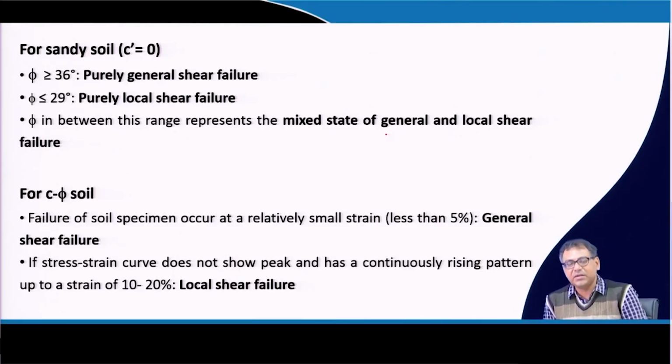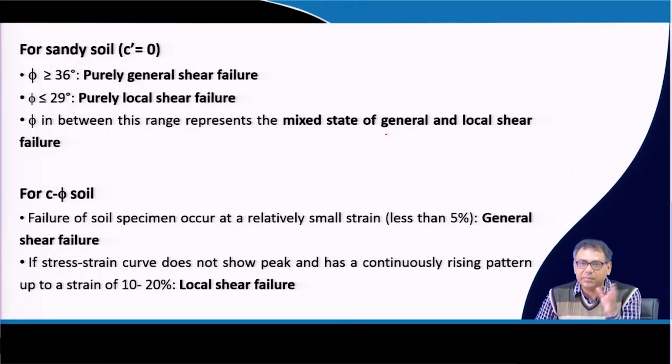In such a case we have to determine the bearing capacity by interpolating the values from the general shear to the local shear case. I will discuss that with an example problem, but this is for sandy soil, where the cohesion is 0.